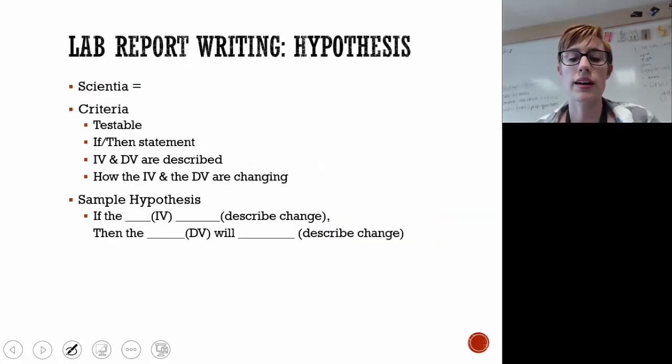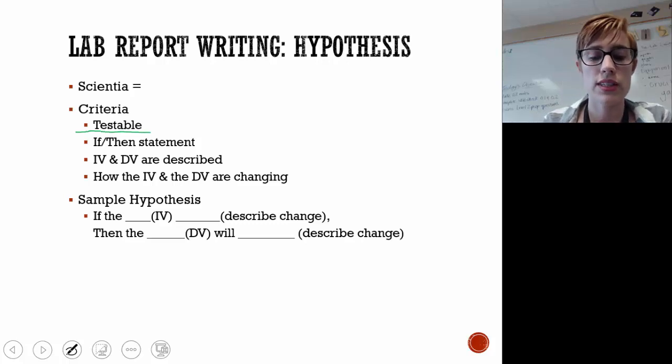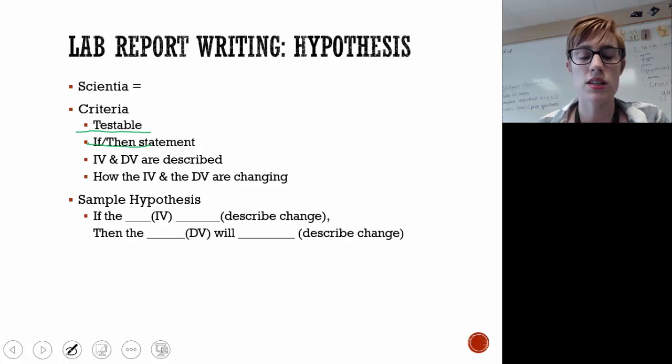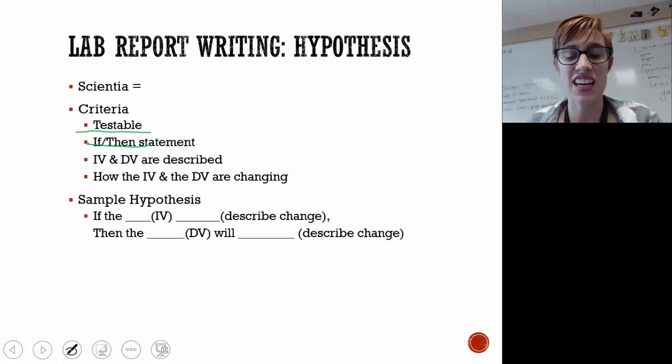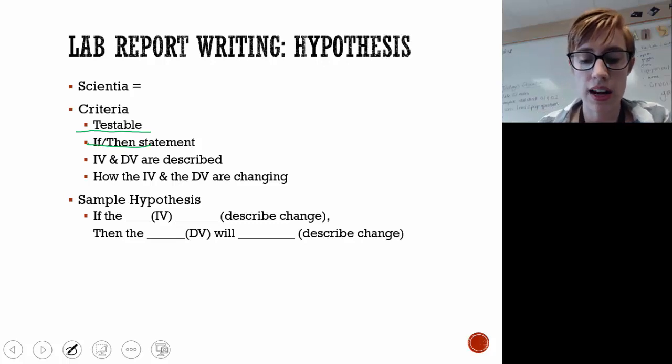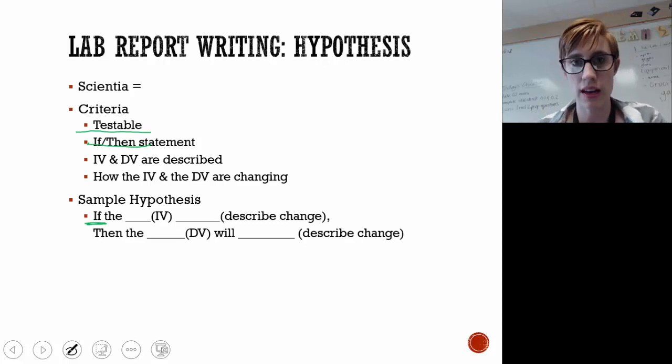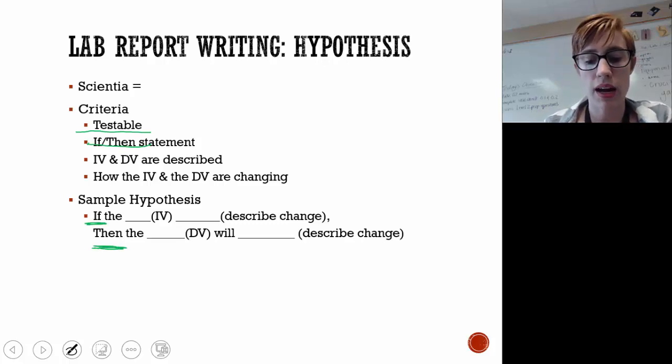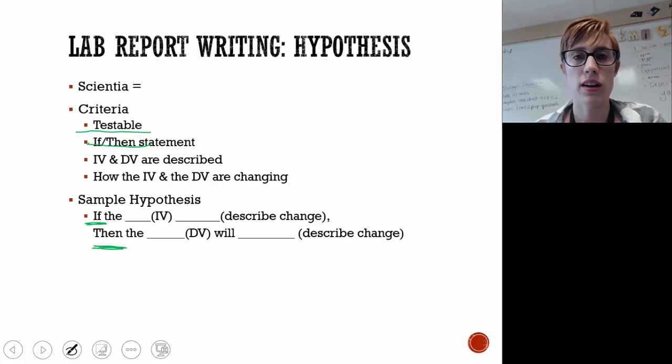Okay, so now that we're ready to start our experiment, I want to walk you through how you write a hypothesis for this experiment and how you write an objective. So the criteria for a hypothesis is that obviously it has to be testable, like we talked about earlier, but we write our hypotheses as if-then statements, meaning that I start off my hypothesis with the word if, and I end my hypothesis with then, okay?